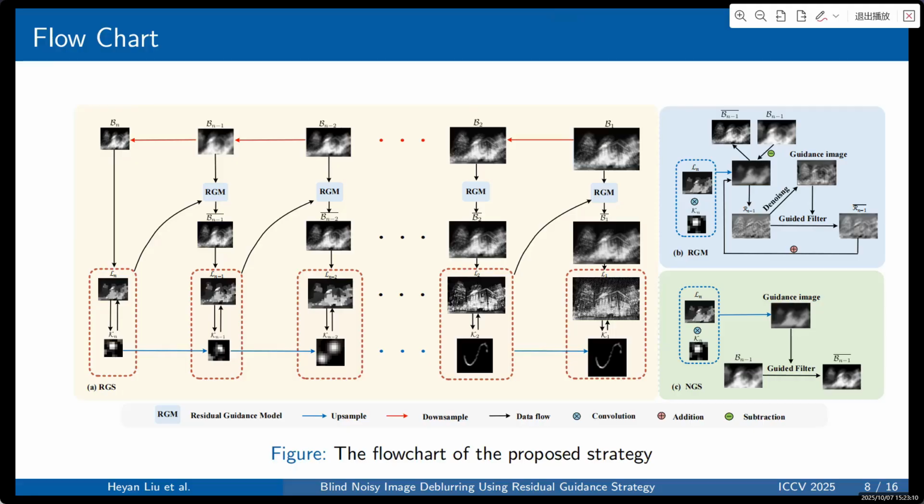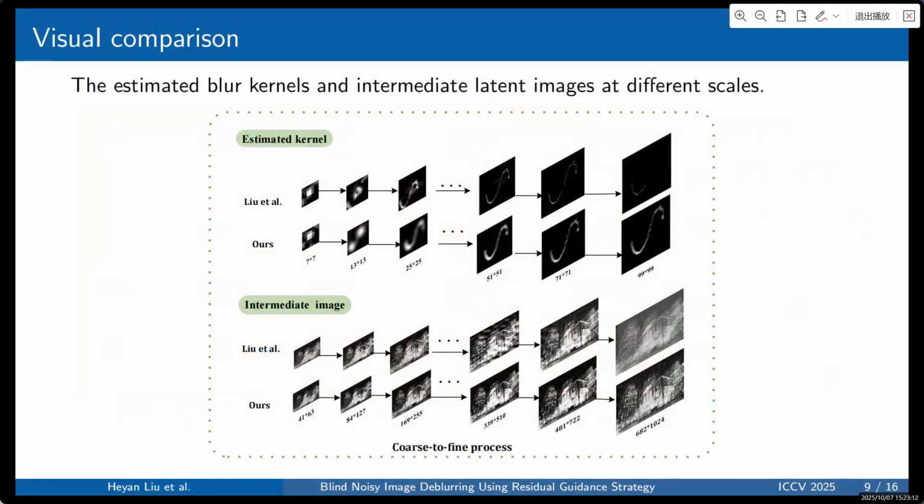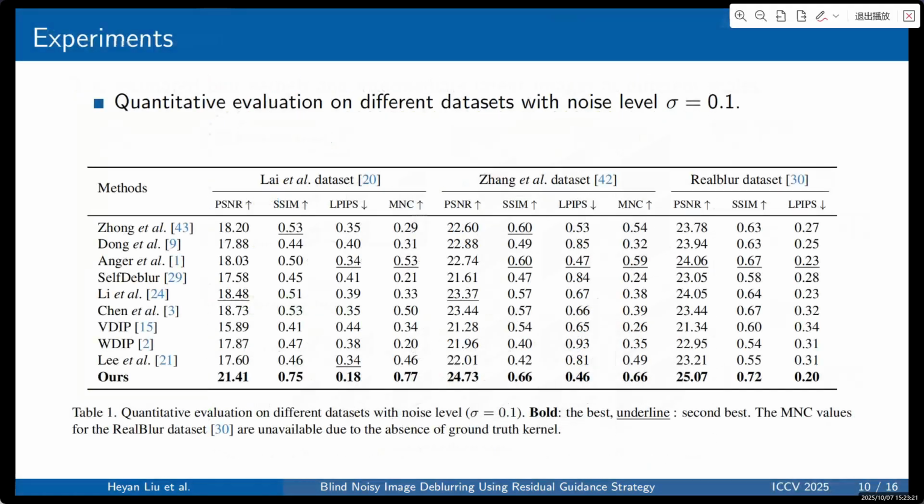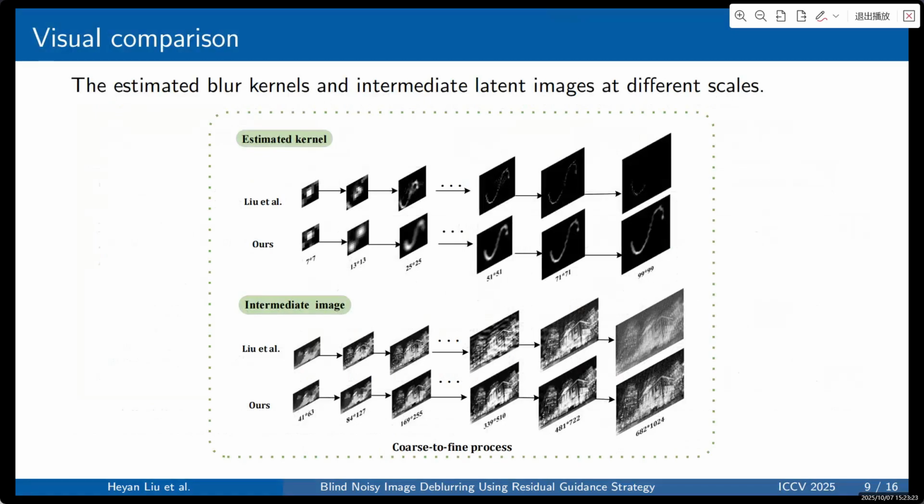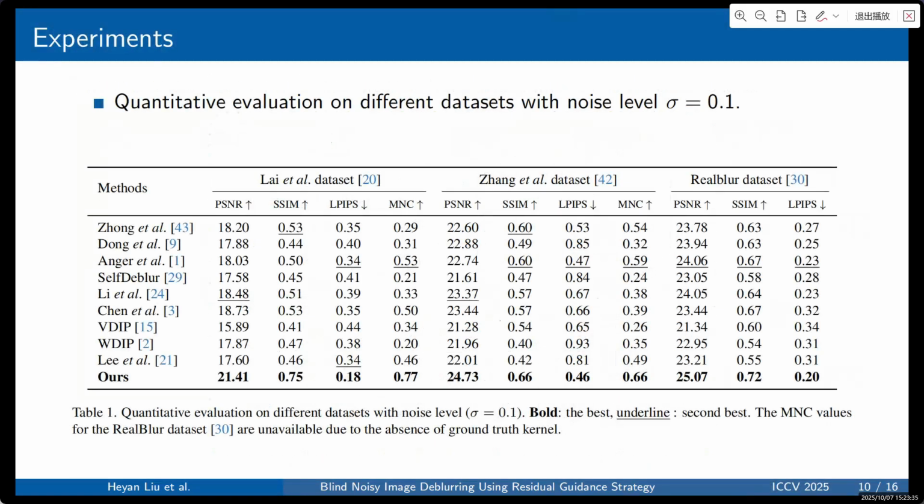This allows the model to gradually improve the kernel and latent image estimation in a more stable and consistent manner. As a result, each stage benefits from the denoised residuals of the previous one, effectively avoiding error accumulation and enhancing the restoration quality.